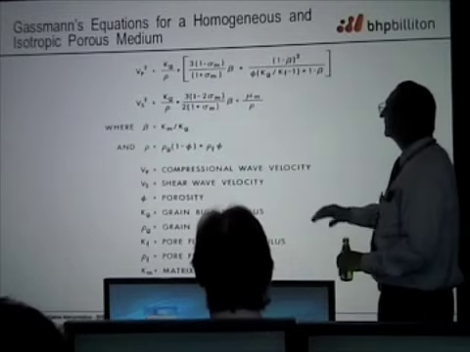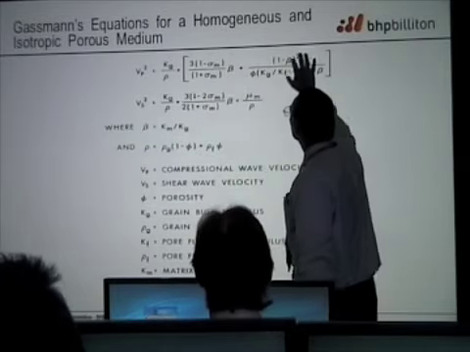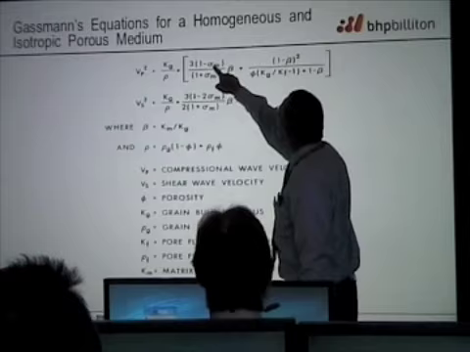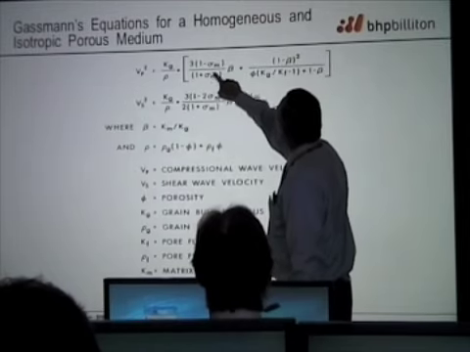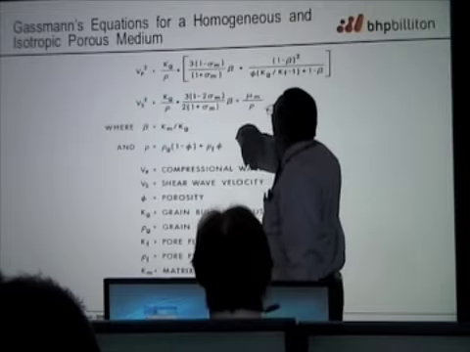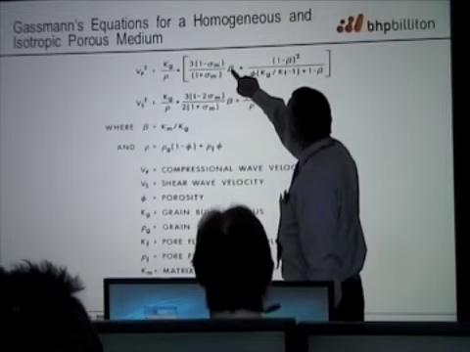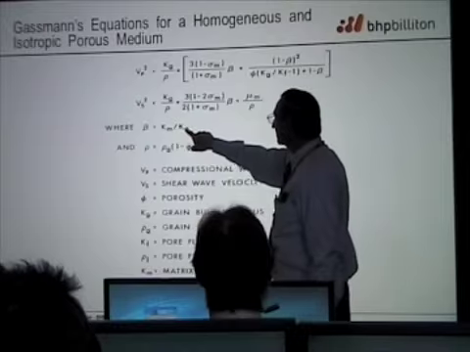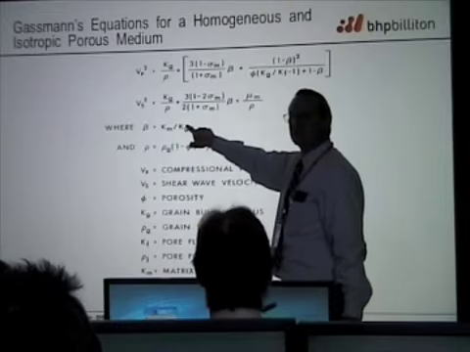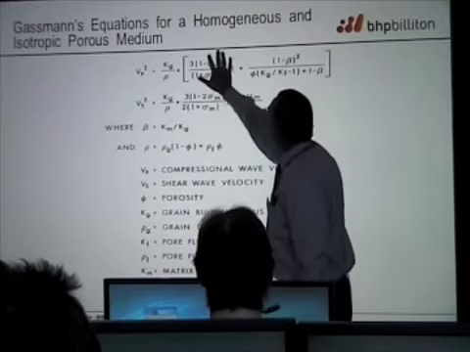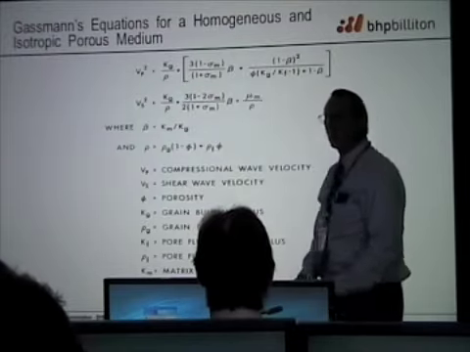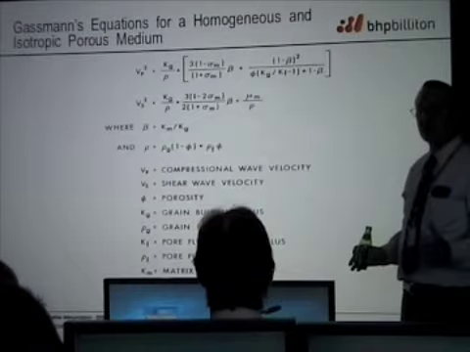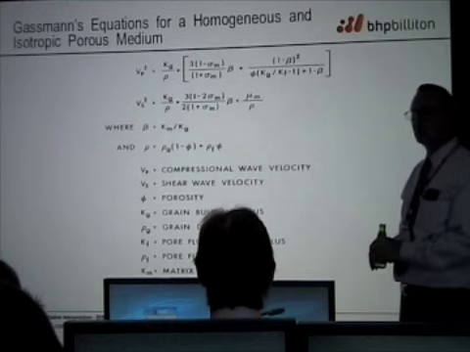So let's look at what's inside. This thing only depends on the matrix. It doesn't depend on the fluid. This whole first term, whatever it is, doesn't change when I do the fluid substitution.